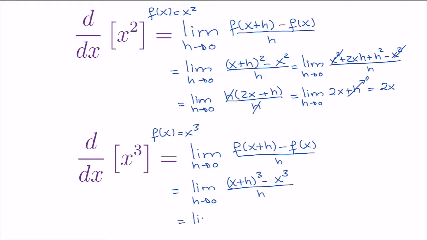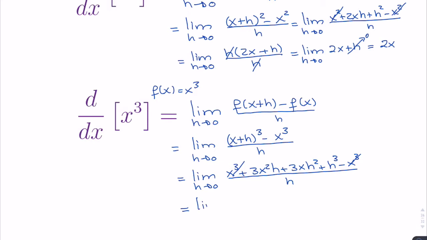And that's the limit as h approaches 0 of x cubed plus 3x squared h plus 3xh squared plus h cubed minus x cubed over h. And the x cubed cancel out.